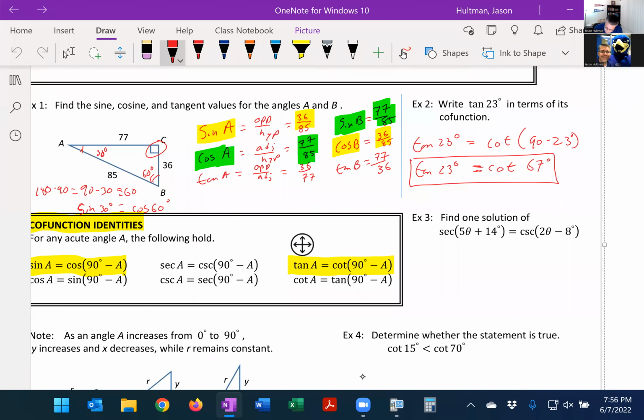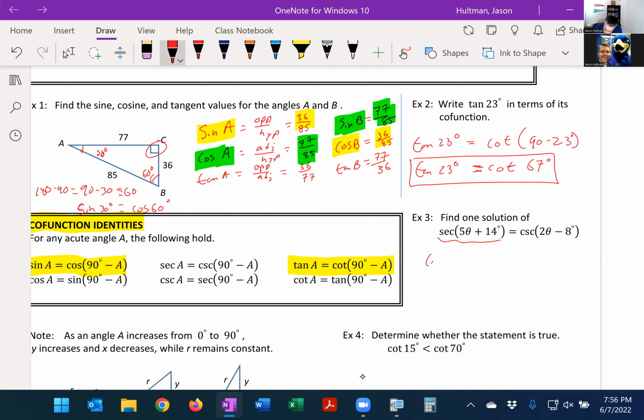So the secant of angle A is equal to the cosecant of 90 minus A. I'm going to change the secant into cosecant of 90 minus A.